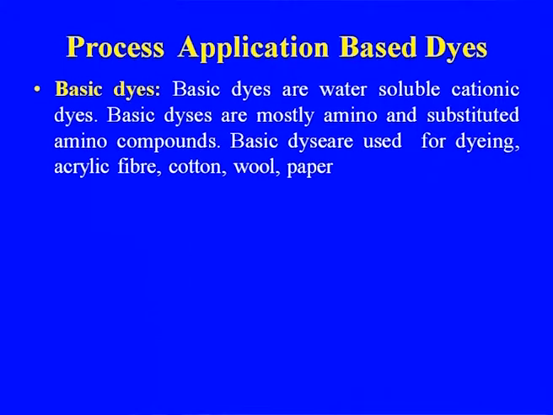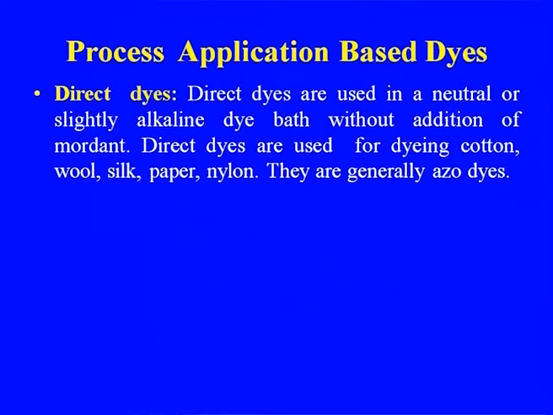Basic dyes. Basic dyes are water soluble cationic dyes. Basic dyes are mostly amino and substituted amino compounds. Basic dyes are used for dyeing acrylic fiber, cotton, wool and paper. Direct dyes. Direct dyes are used in a neutral or slightly alkaline dye bath without addition of mordant.